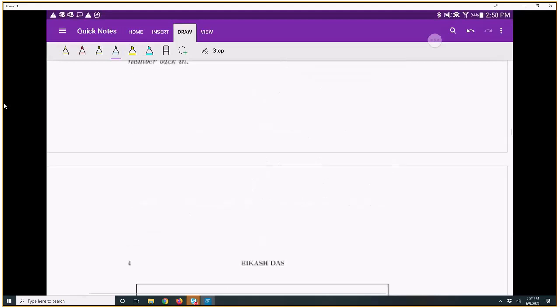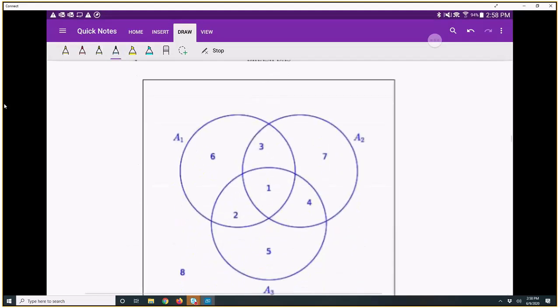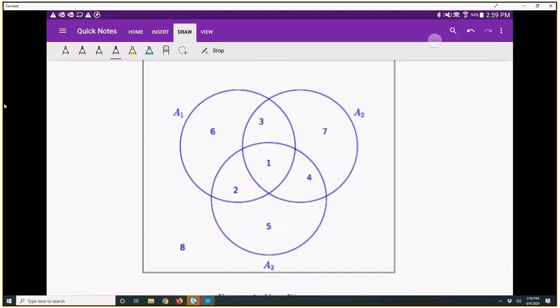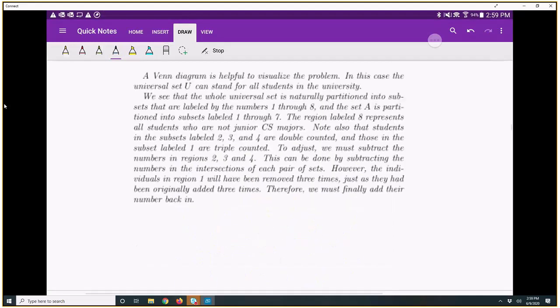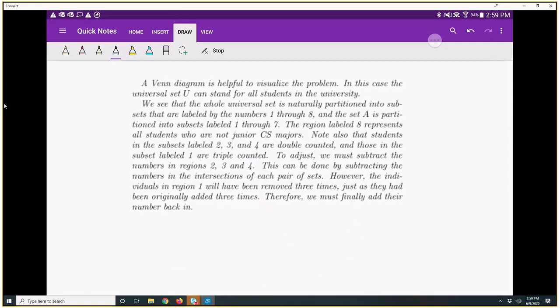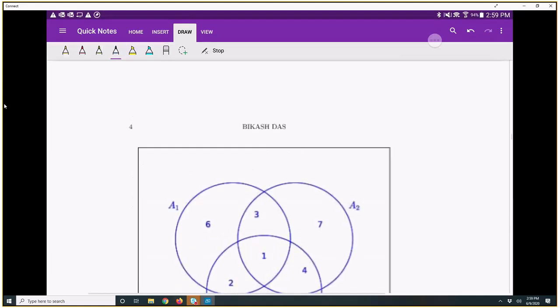And we have that picture here. Here they've labeled each section of the Venn diagram with a different number. These numbers are just breaking it into parts and giving them labels. So we'll see that the entire universe is naturally partitioned into these subsets labeled 1 through 8, and that the set A is partitioned into the subsets labeled 1 through 7.